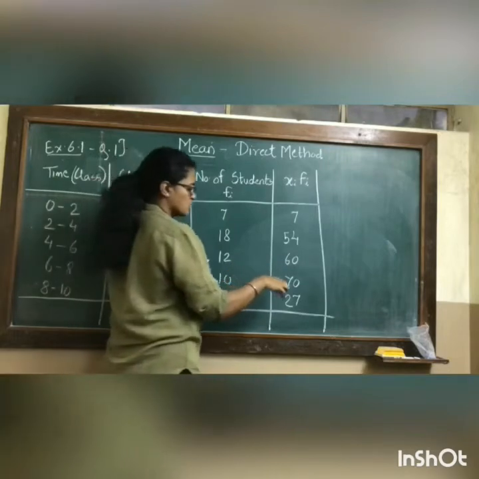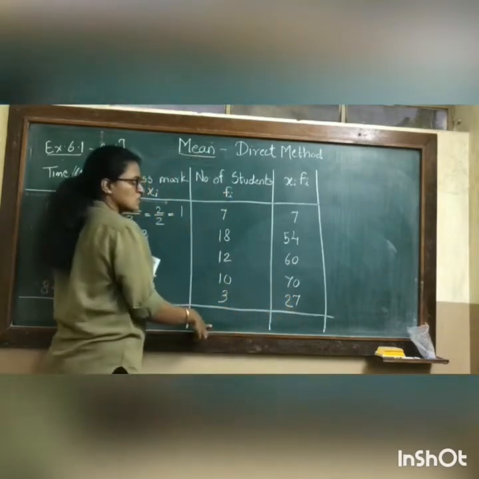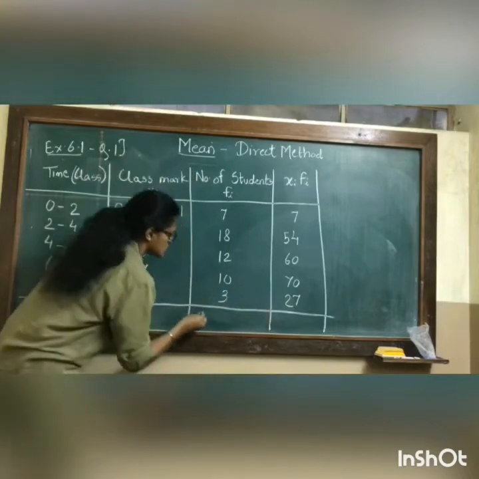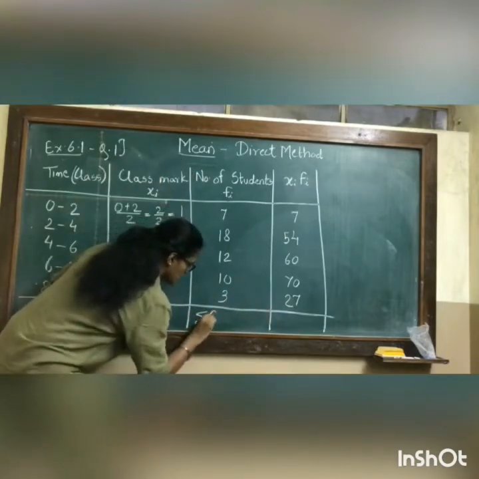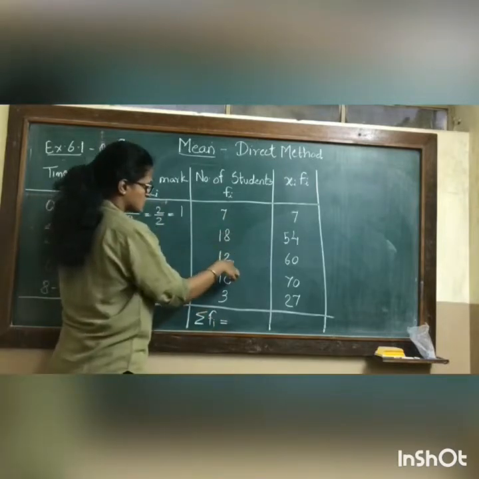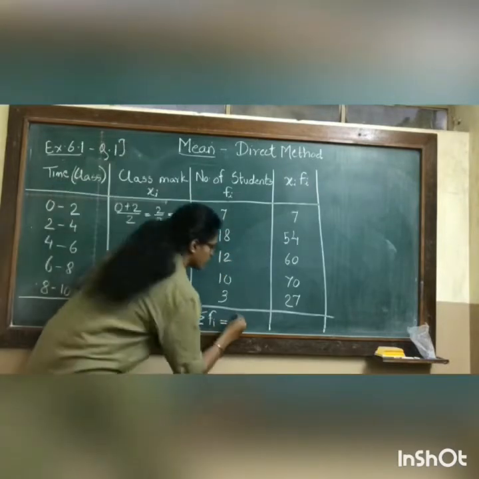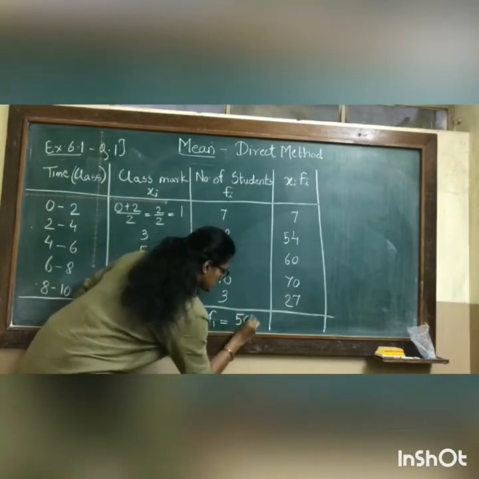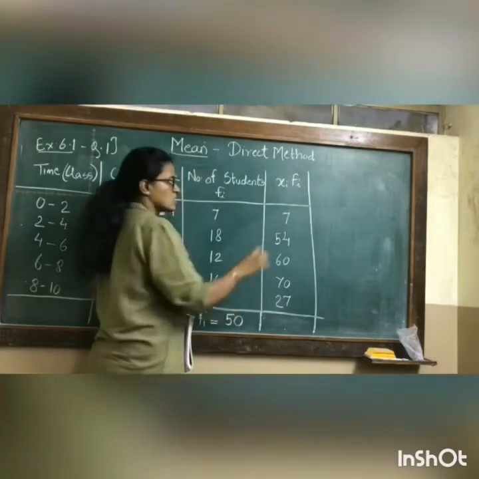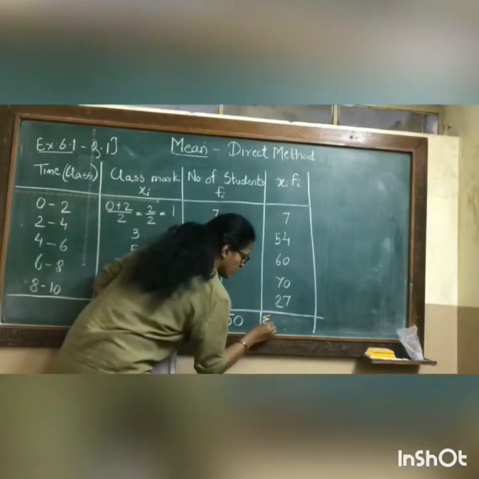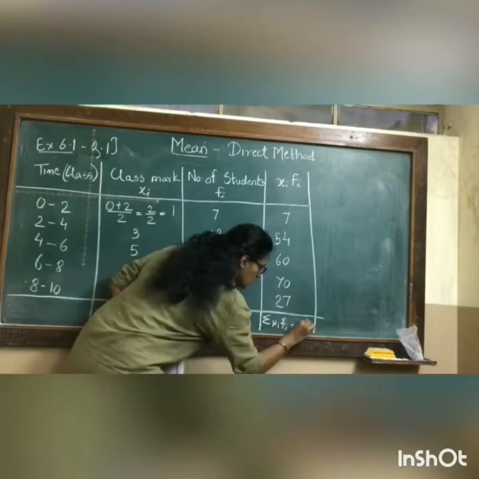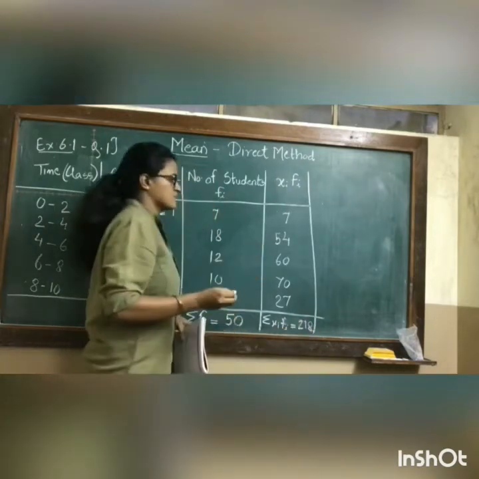Now what we have to do is in the last row, we have to take down the summations, that is the additions. So summation Fi is equal to 25, 37, 47 and 50. So addition is 50. And here the summation of Xi Fi is equal to 218.